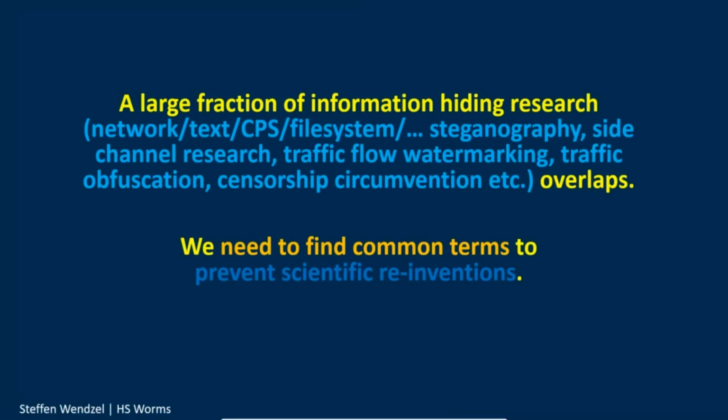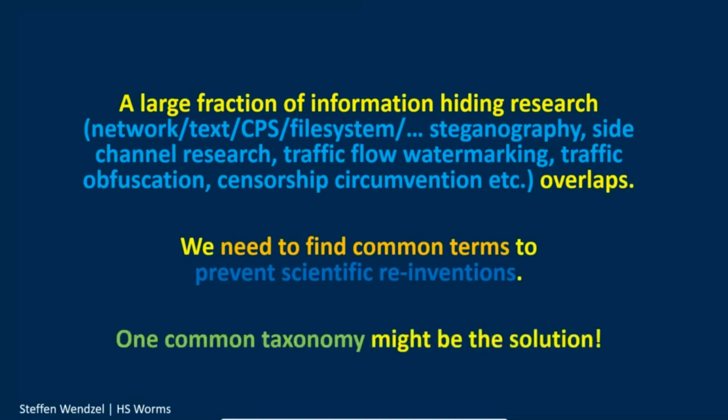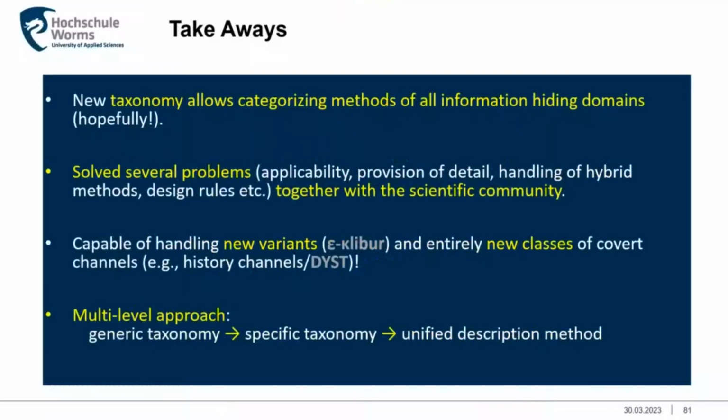We need to come together and find a common basis. And this taxonomy might be a part of the solution, and allows us to categorize methods of all these different domains.